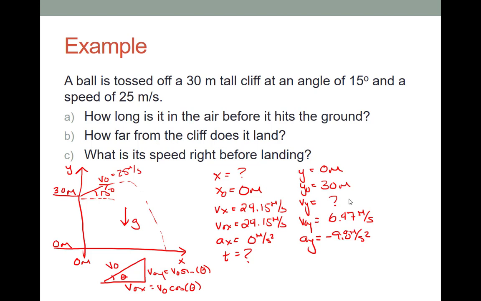I could use the y equals y naught equation to find time first, or I can use the vy squared equals v naught y squared equation to find vy first. That is actually the easier of the two routes because it requires the least algebra and will not require the quadratic formula, which the first method will. So that is where I'm going to begin.